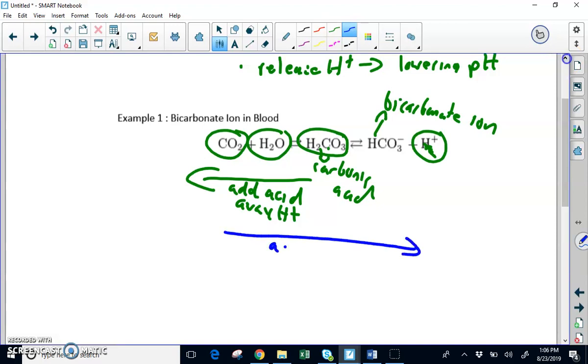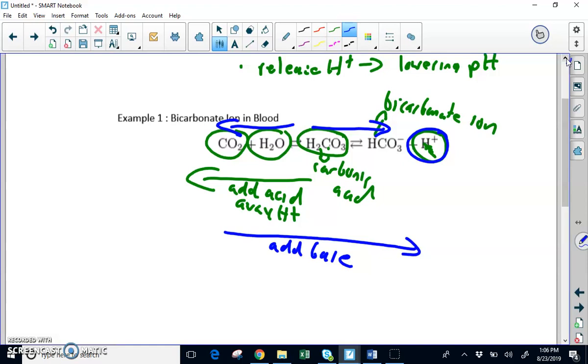We're adding base to the blood, and that releases H+, which brings the pH down. In this way, using carbonic acid, it acts like an acid this way and like a base this way, so it can act either way to maintain the pH of your blood at roughly around 5.5.